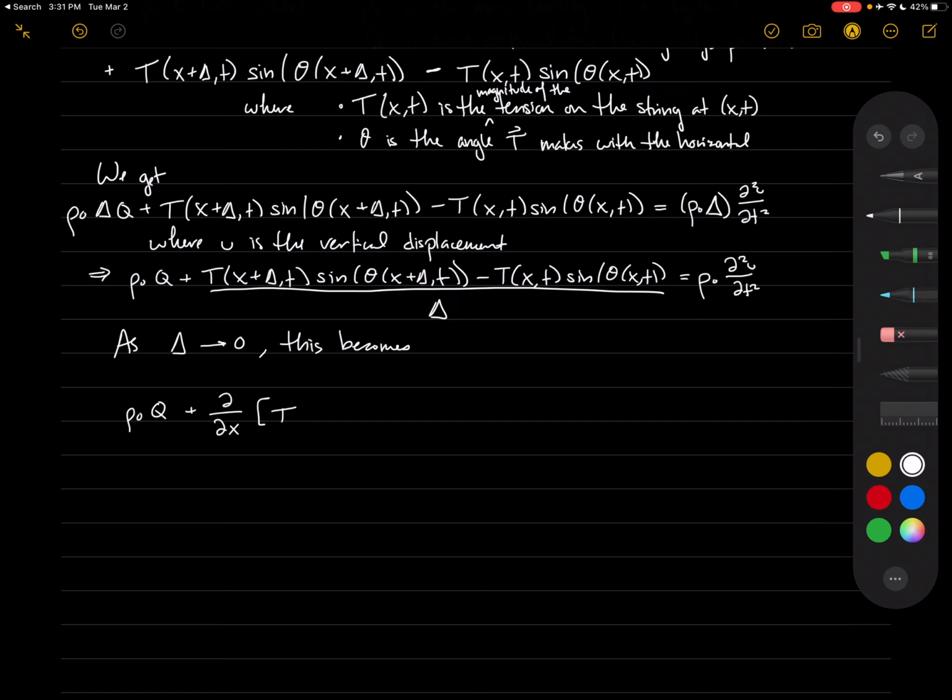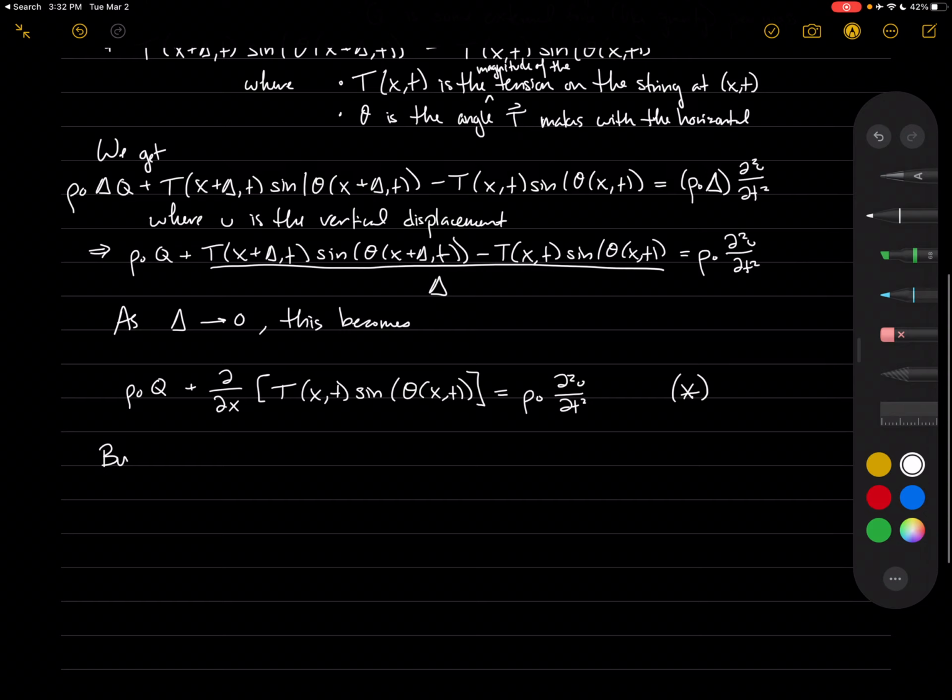So we have T(x,t) sine of theta(x,t), and again, this term, of course, doesn't change since it doesn't have a delta in it. Okay, I'm going to give this equation a name, star, so we can use it in the future.